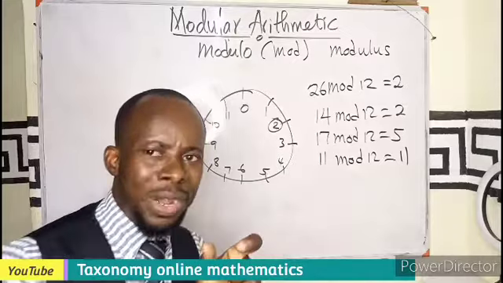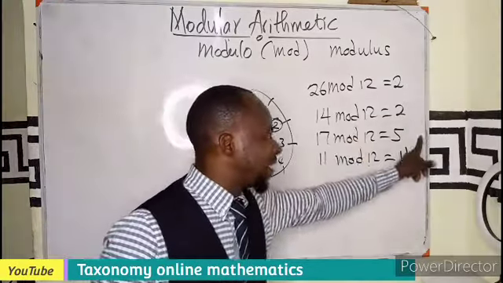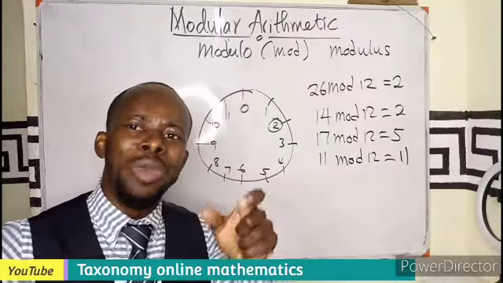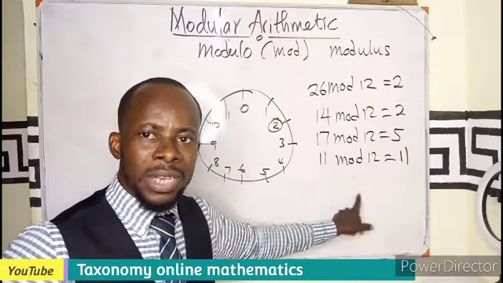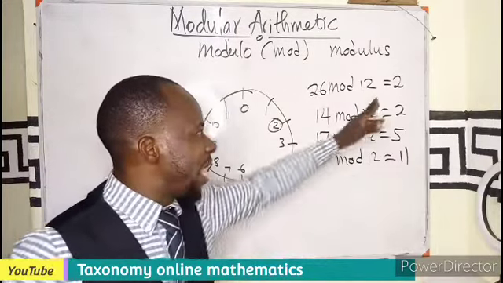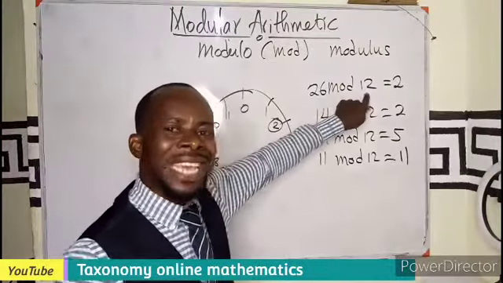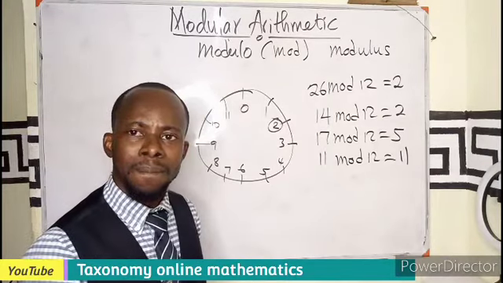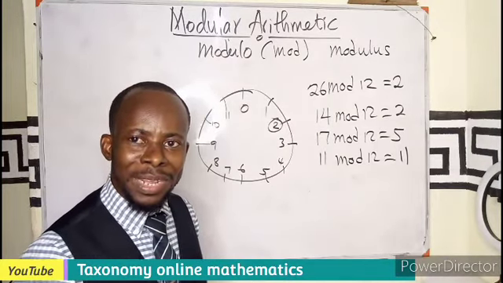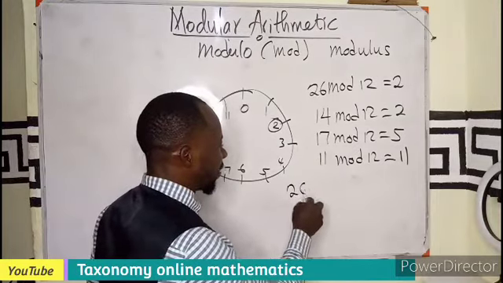So the pattern I want to draw your attention to is that all the answers we are getting are all going to be less than the mod. In another sense, the answers we are seeing here are the remainder after the integer 12 divides my integer. You didn't get that part clear, right? This is 26.